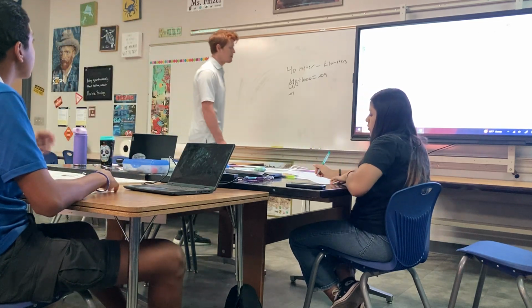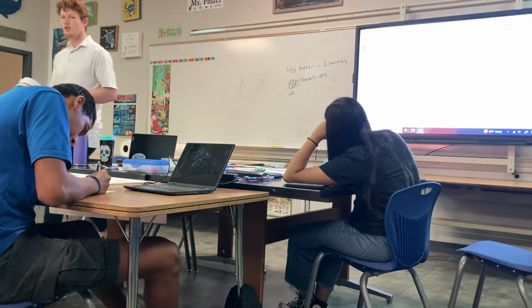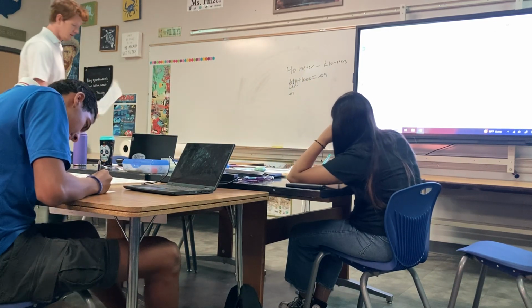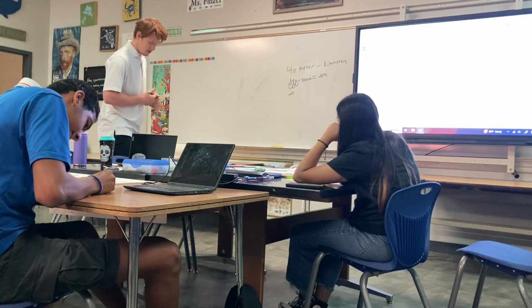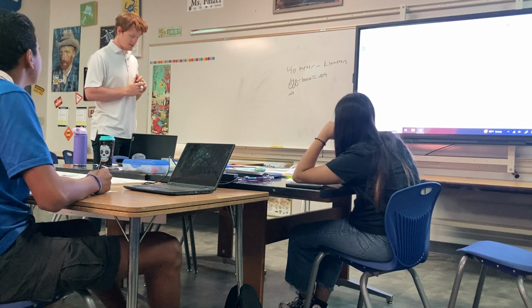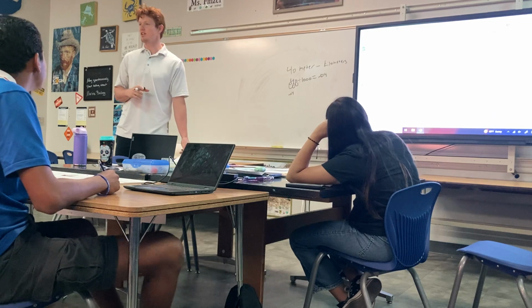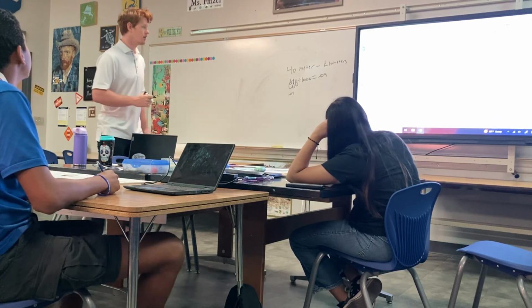All right, okay, I think everyone finished. So for the first one, I can go over that one. We started out at 0.8 kilometers and it asked us to convert it to meters.